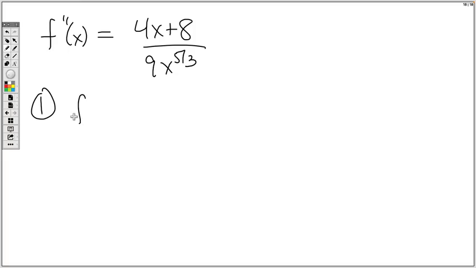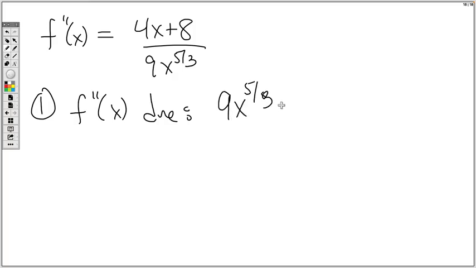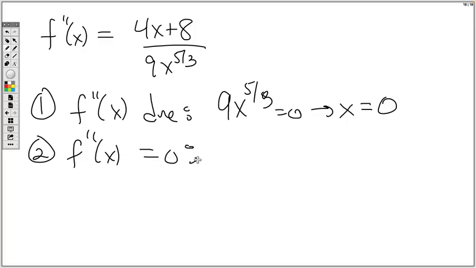All right, so we look where the second derivative does not exist. Once again, we have an x in the denominator. So if you set 9x to the 5/3 equal to 0, what's the only value of x you get from there? Now we look for where the second derivative equals 0.